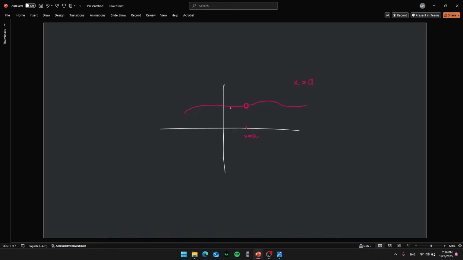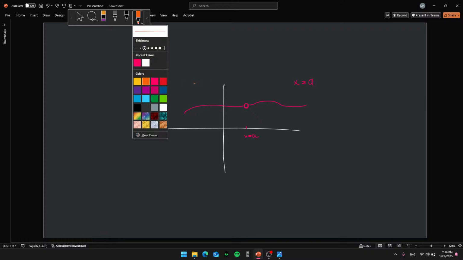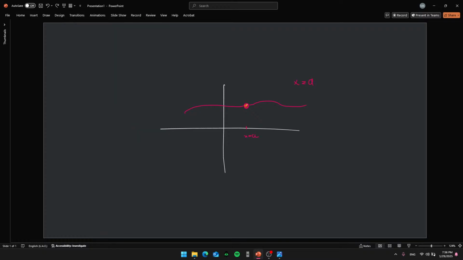Why is it called a removable discontinuity? Because I can redefine its domain and fill this gap, and it will be continuous. So that's why it's called removable discontinuity. I can remove the discontinuity. Same thing as something like this.